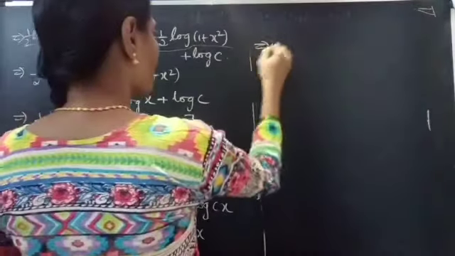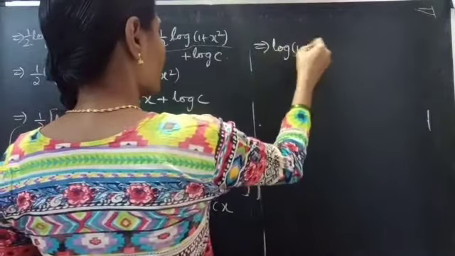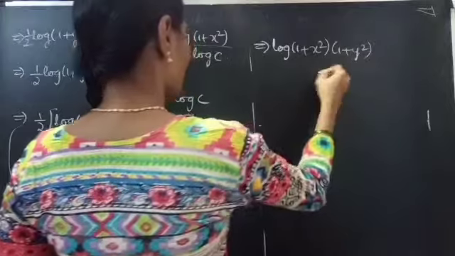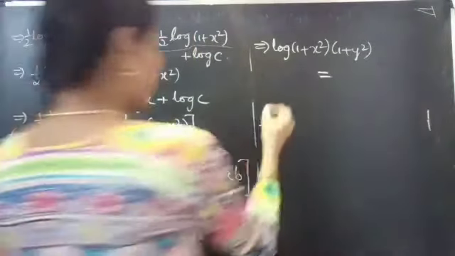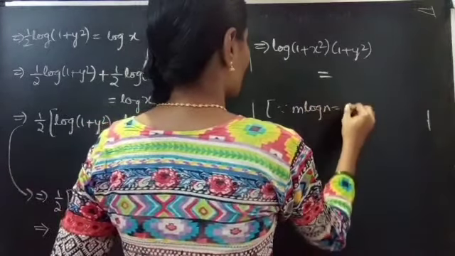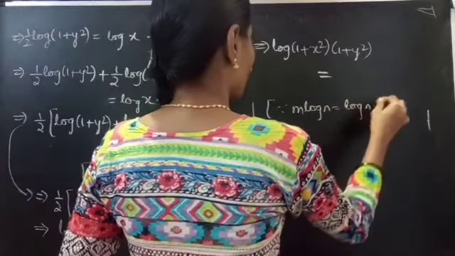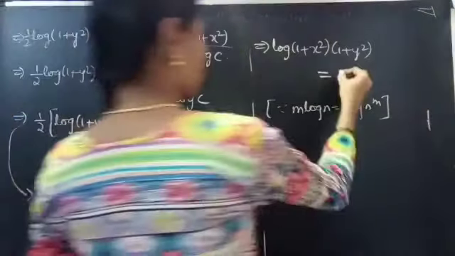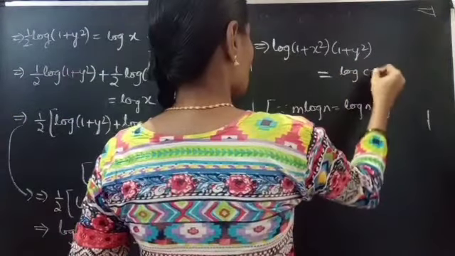Then log 1 plus x square into 1 plus y square equals, we know that m log n equals log n power m. Then you could write this as log cx whole square.